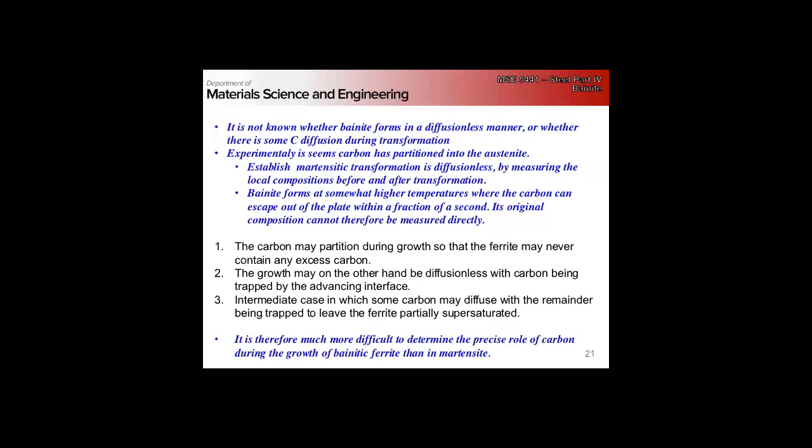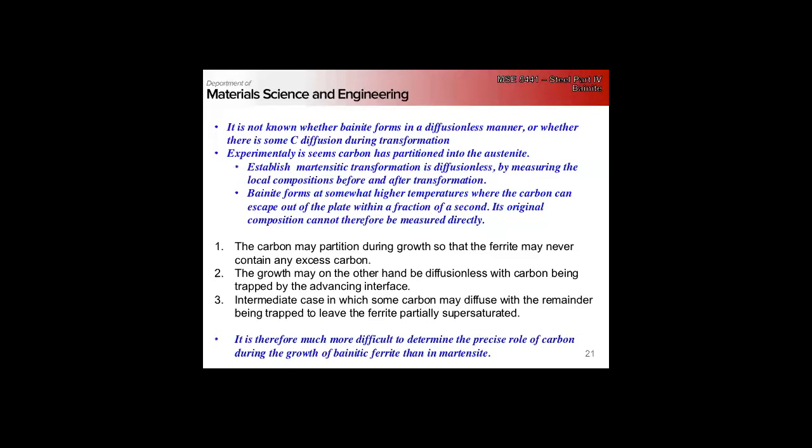Now, in martensite, as we'll see, we can easily tell it's diffusionless by measuring the carbon content before and after, because we're quenching it. It happens so fast that we know what the carbon concentration is in our austenite from our phase diagram.